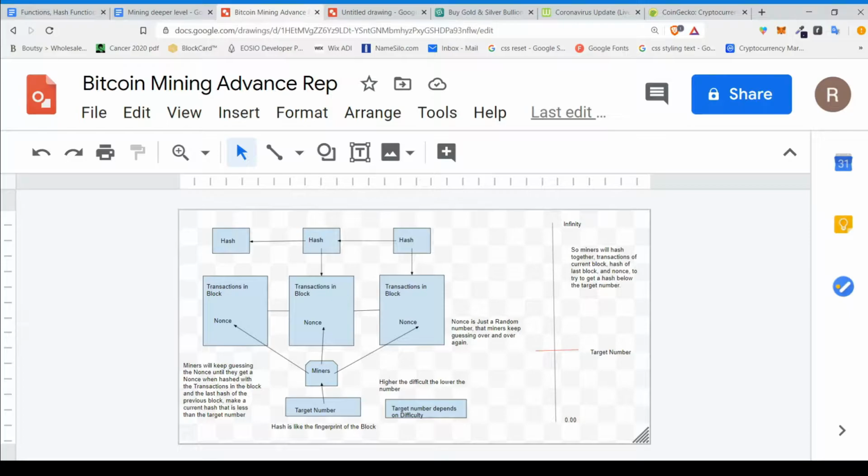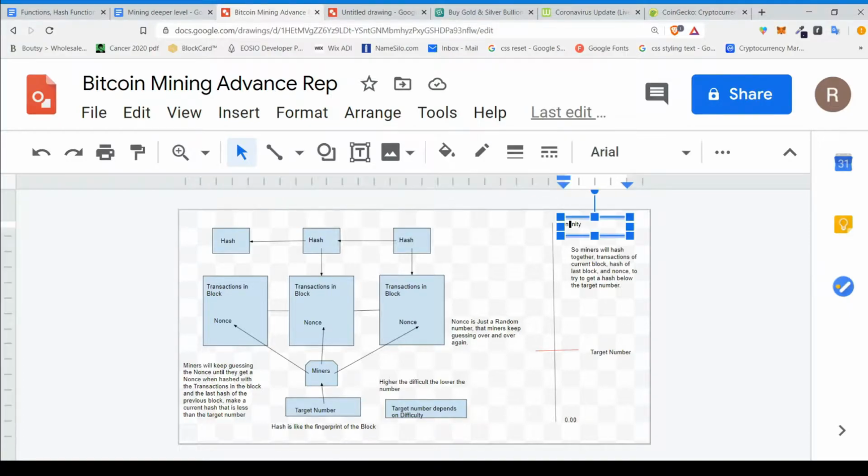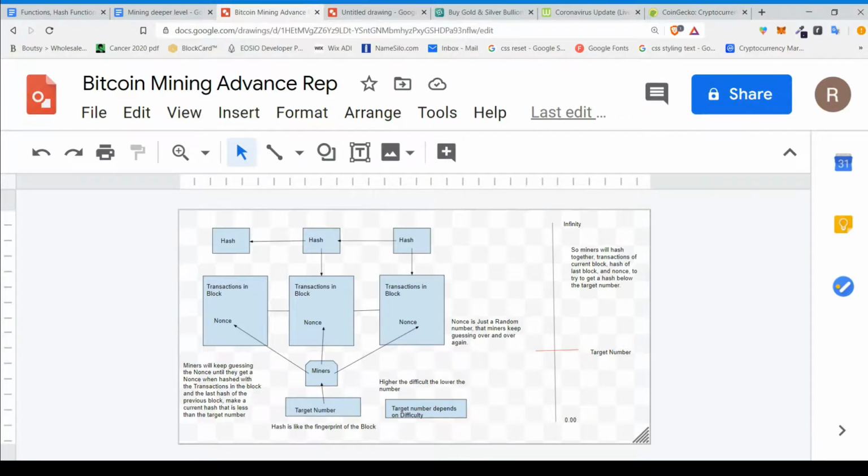So I drew this little scale, let's just say from infinity to 0, and the target number's right here. If they guess the nonce and hash it together and get something up here, it will not be accepted. If they get something up here, it will not be accepted. It has to be below the target number. If the hash is lower than this target number and it's down here, then the block will be added to the blockchain.